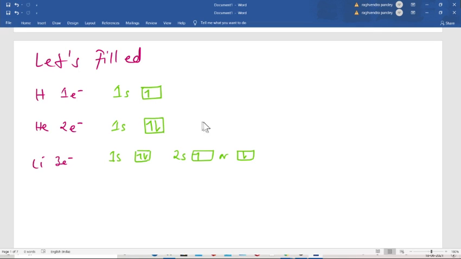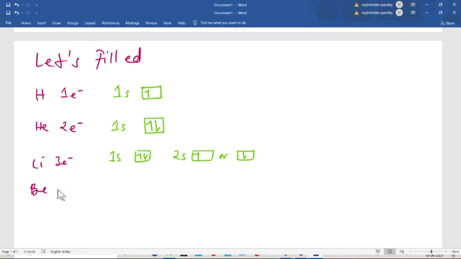If we write upward and upward, that will be north, north, and will repel. So we don't want this, no repulsion. So either you can write like this or this. So 2s has 1 electron. That is your lithium.